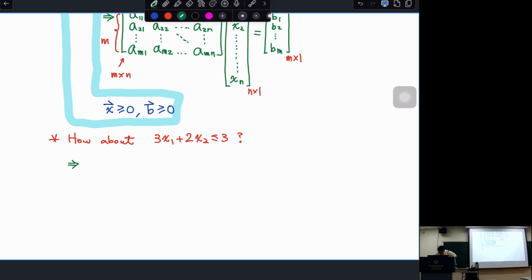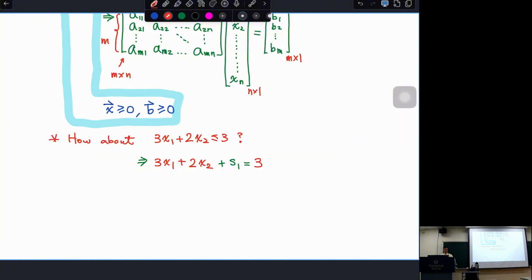So if you say plus S1 and change this to equals, and this is 3.